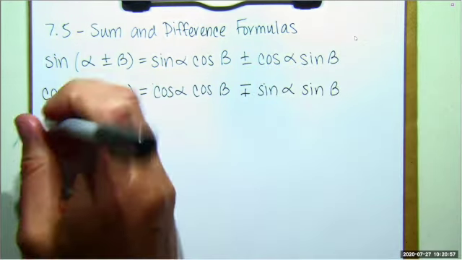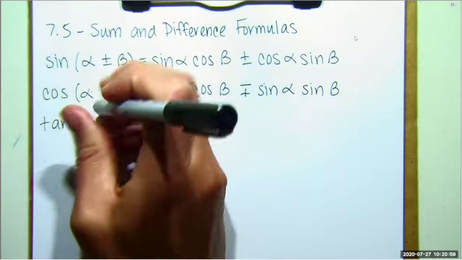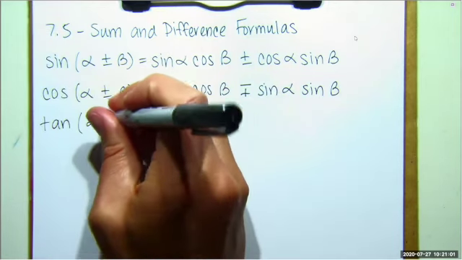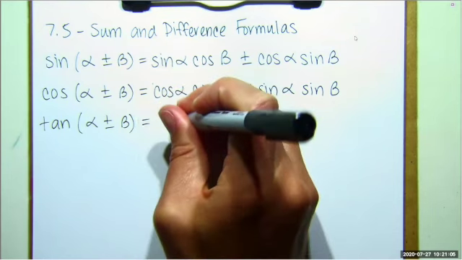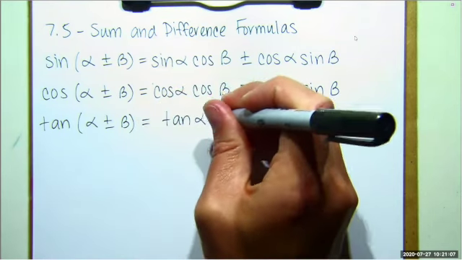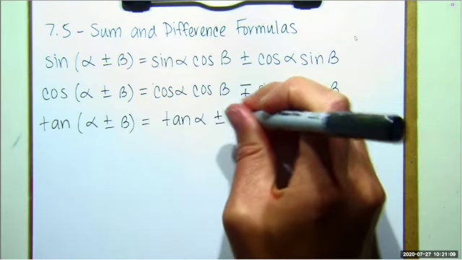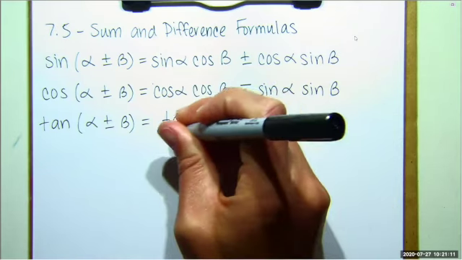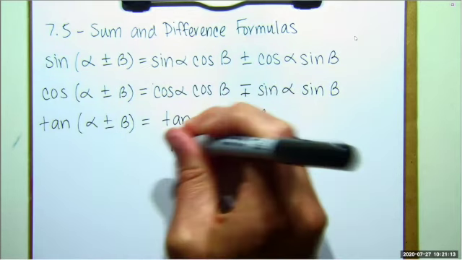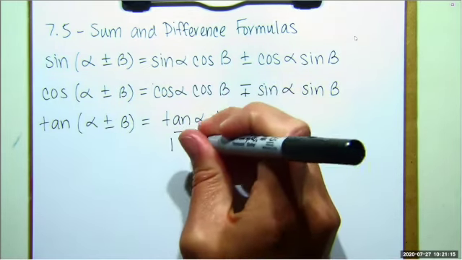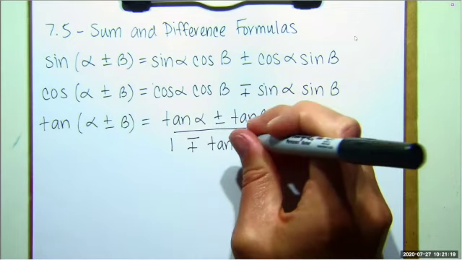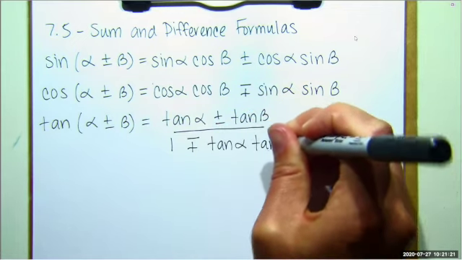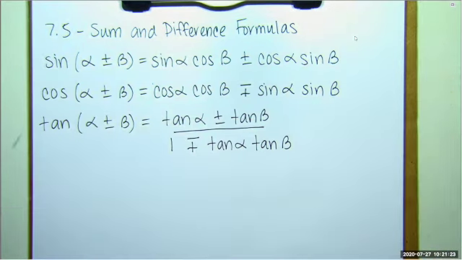And then the third one here is tangent of alpha plus or minus beta is equal to tangent of alpha plus or minus tangent of beta all over 1 minus or plus tangent alpha tangent beta.